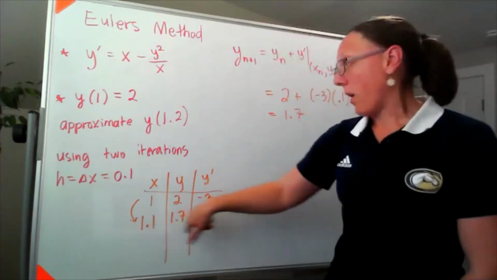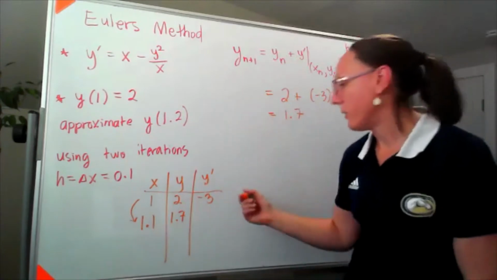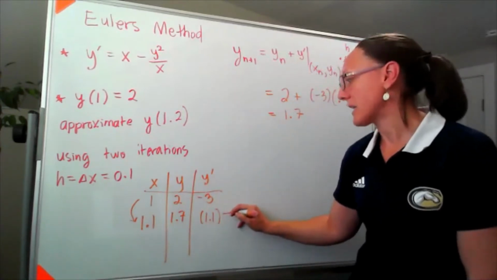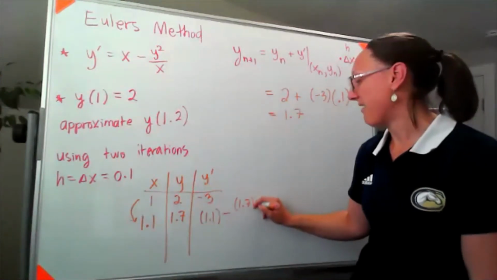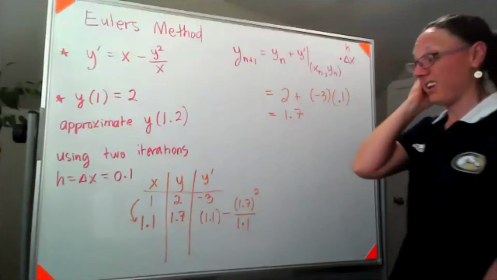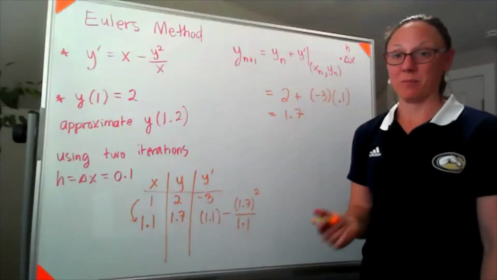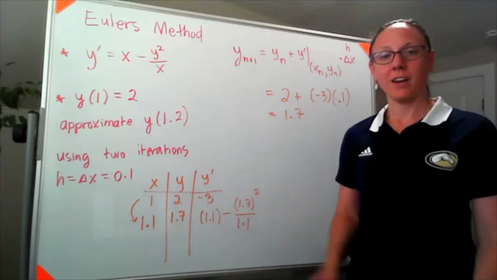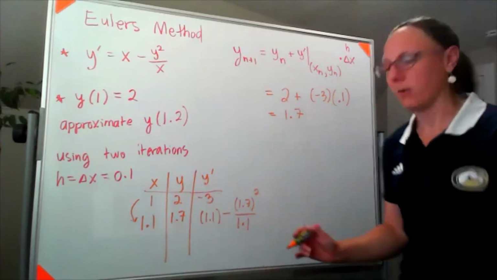So to get my y prime at that point, I would be looking at 1.1 minus 1.7 squared divided by 1.1. Now this is the point where you should be asking me, do I have to simplify that? Heck no, you don't have to simplify that. We're just going to plug that into the formula.